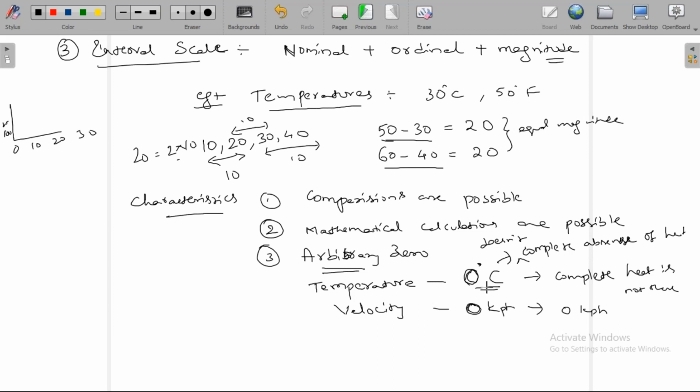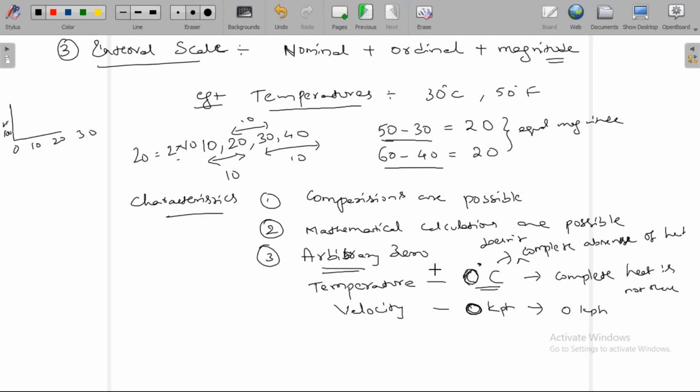Absolute number means, for example, height. Height will be measured in centimeters or meters. If I say 1.73 meters, it's an absolute measure. Weight is also absolute, say 60 kgs.